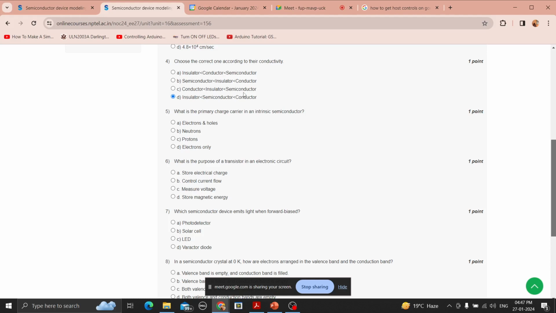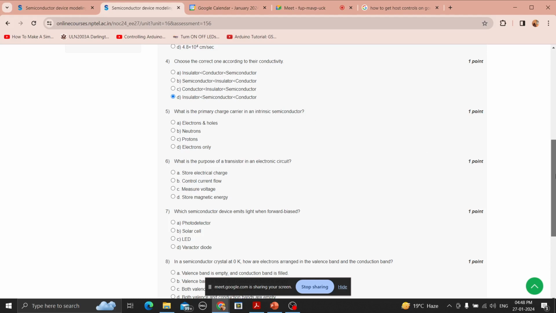Because it has the properties of both conductors and insulators based on its doping level. We can use it in both ways. Yes, we can basically control the flow of current. That is what we want in our devices. We want to control the flow of current. Okay.